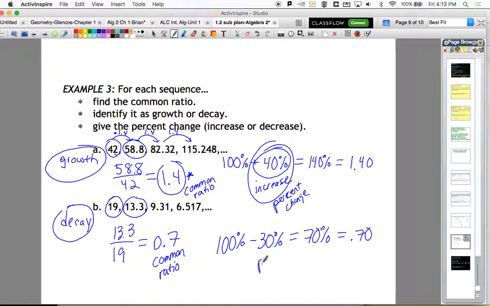So the percent change, sorry, the board is acting up a little bit here, is decreasing by 30%. So there's a 30% change in a decrease, just to be clear here. So it's decreasing by 30%.